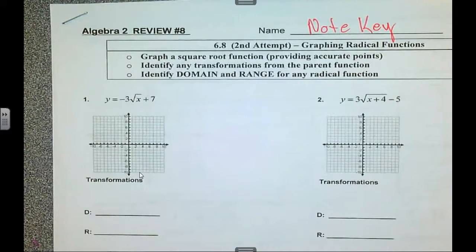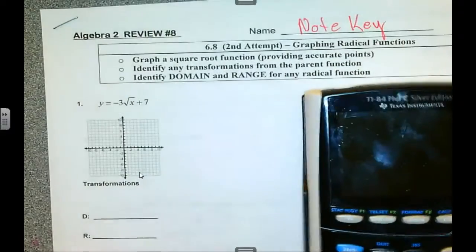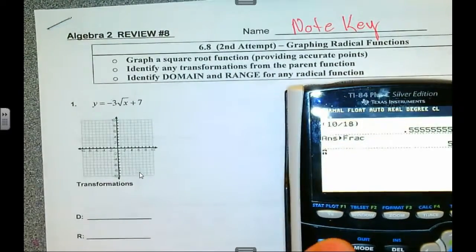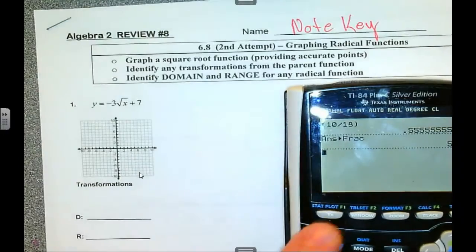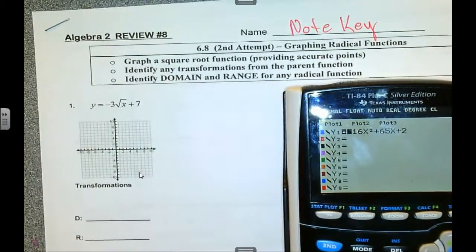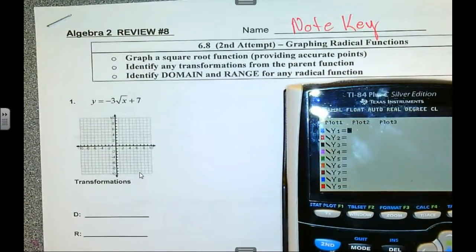I'm going to put this in a calculator. That's the easiest way to do this. So I'm going to put in my y equals button, and I'm going to put in -3 square root of x.